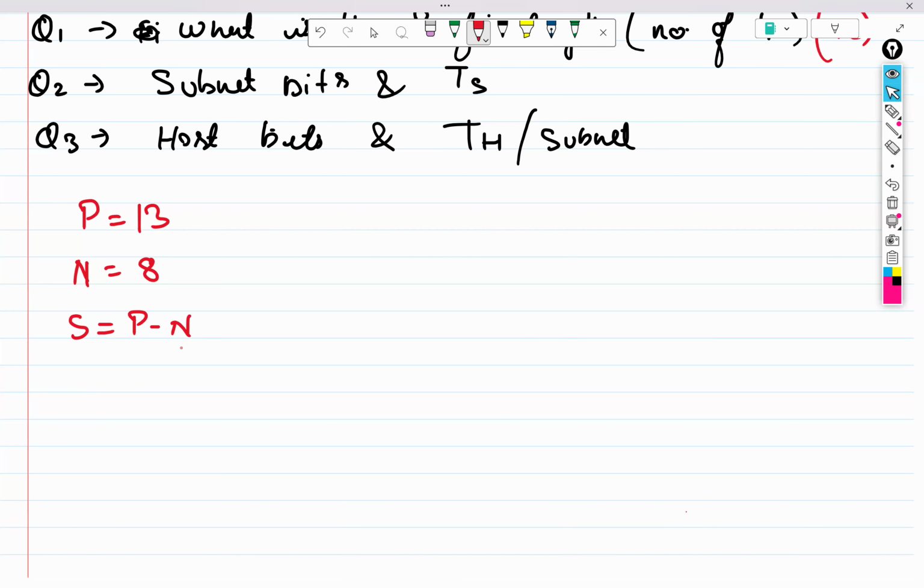You'll be able to understand this. Right. So 13 minus 8, we have 5 subnet bits. So the total number of subnets is 2 power S, which gives us 2 power 5 subnets. So 2, 4, 8, 16, 32. So we have 32 subnets in total.